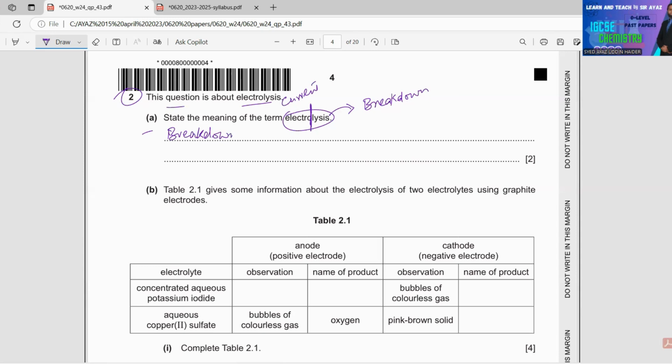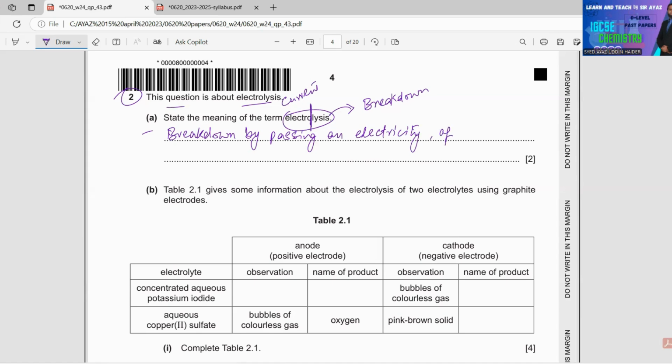Breakdown by passing an electricity, of what?